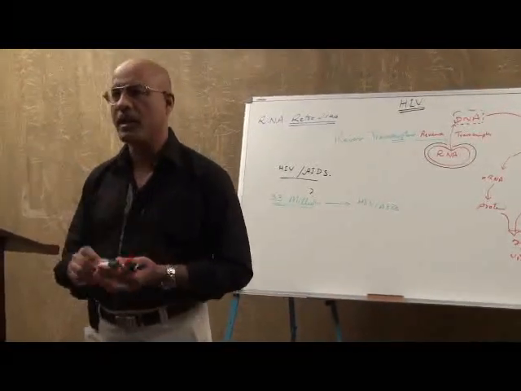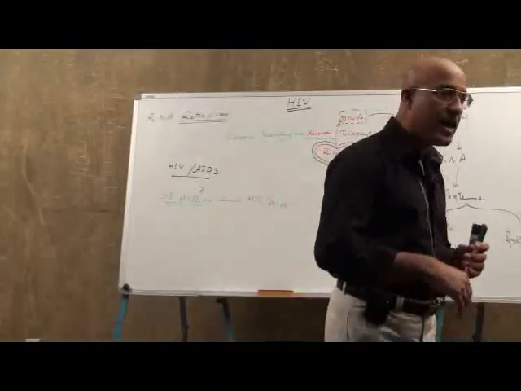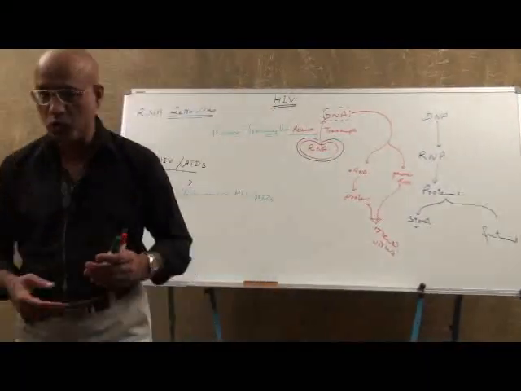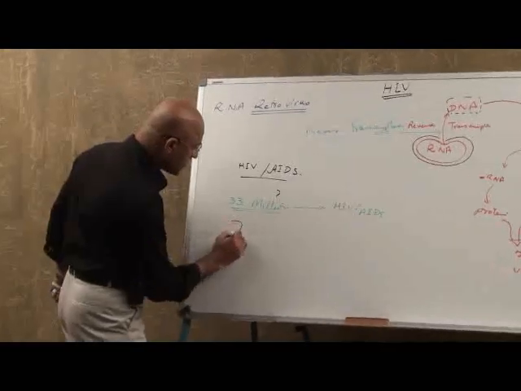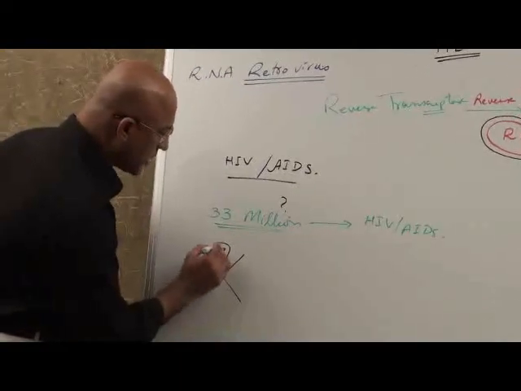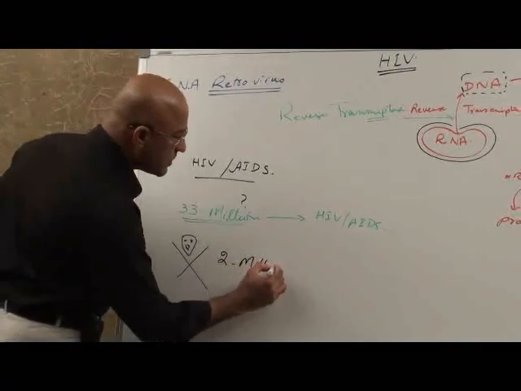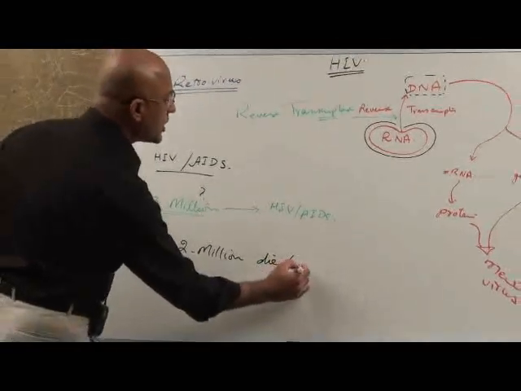But approximately 2 million people die on average every year due to AIDS, which is of course due to this virus. So you can say 2 million people unfortunately die on average every year.